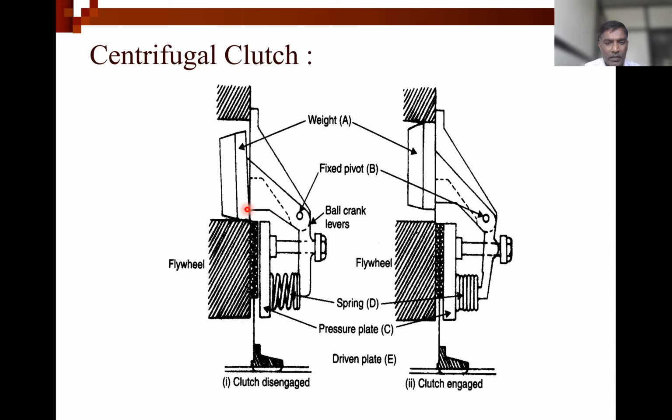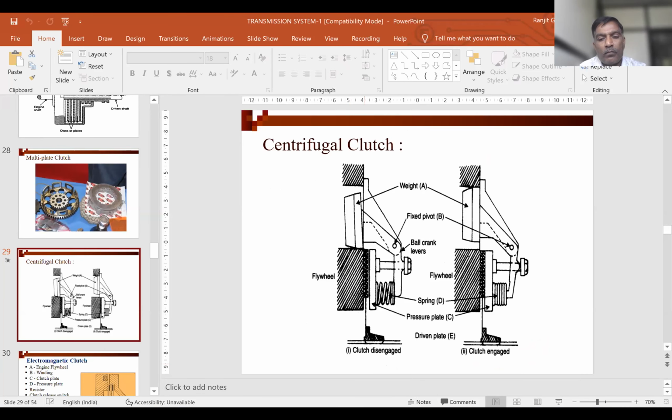So once we are accelerating the speed, this weight A will fly and take this position, and ultimately it will apply the force on this friction plate, and now the friction plate is in contact with the flywheel, and the torque is transmitted from this flywheel to this driven disc, and power is transmitted.